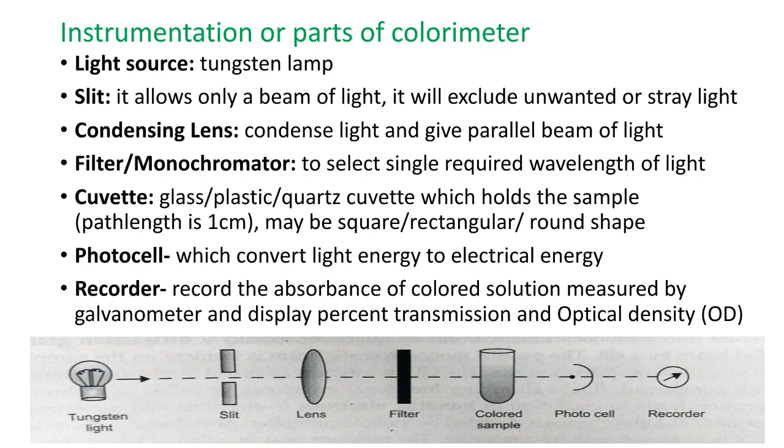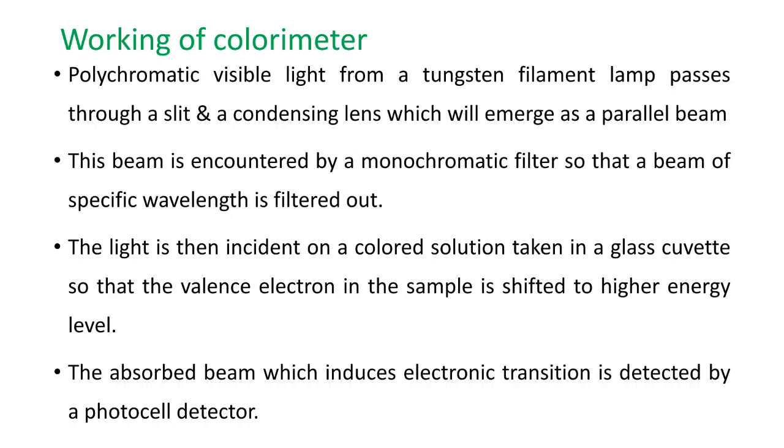The photocells convert the light energy to electrical energy, which is recorded and measured by the galvanometer, and displays the percentage transmittance and OD, or optical density. By seeing those ODs, we can calculate by comparing the unknown sample with known standards.